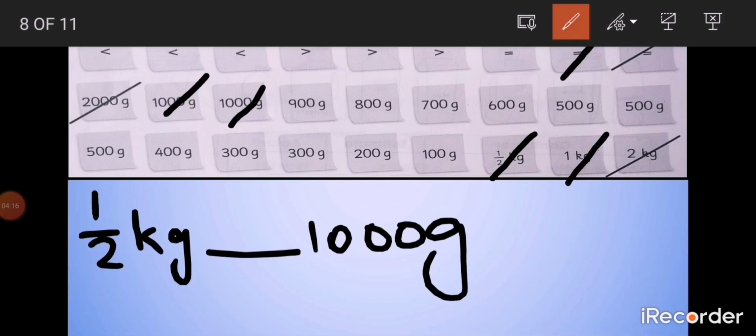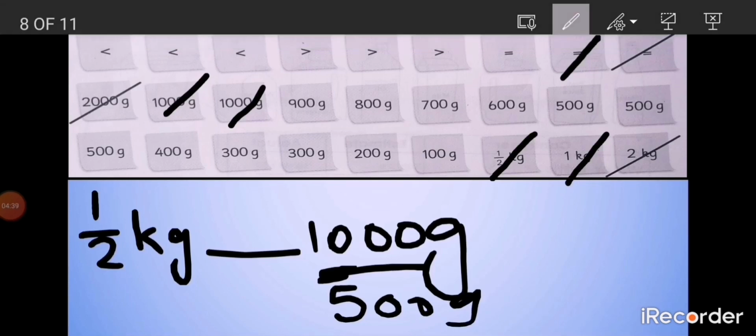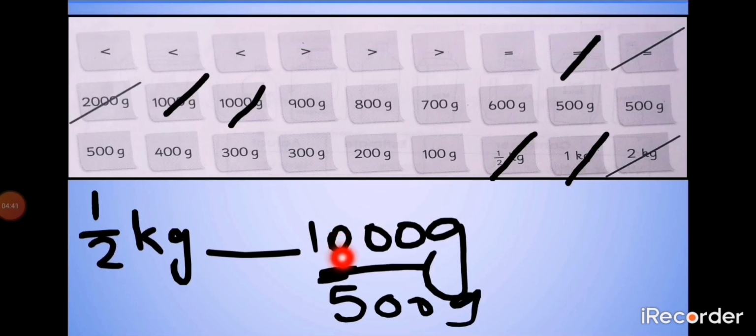Look at that number. 2 how many times 1? 1 is less than 2, so we can choose 10. 2 how many times 10? 2 1s are 2, 2 2s are 4, 2 3s are 6, 2 4s are 8, 2 5s are 10, exactly, 2 fives are 10. And 0 always comes as it is, 2 times 0 is 0. So this means half of 1000 is 500 gram.